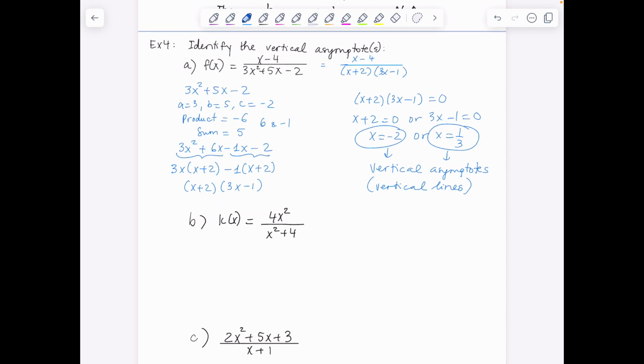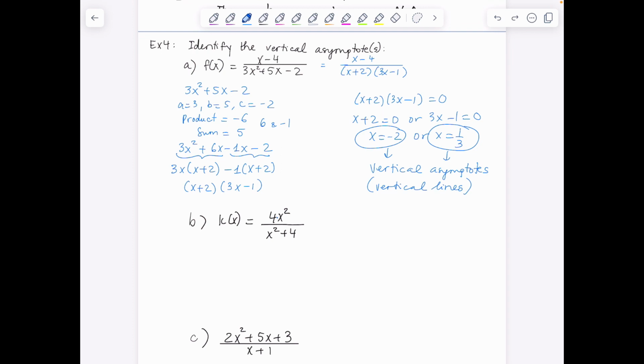Second example, where we have 4x squared over x squared plus 4. A very common mistake, students might try to cross out x squared with x squared. However, they do not cancel, as in the numerator, x squared is a factor, but in the denominator, this x squared is not a factor. So because they are not both factors, you cannot cancel them. And I see that the denominator, x squared plus 4, cannot be factored either.